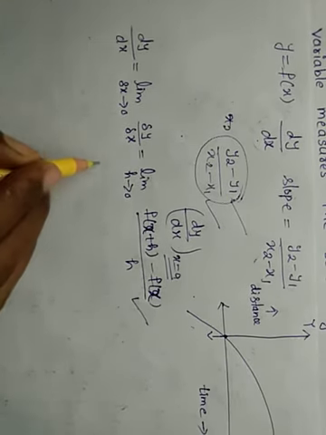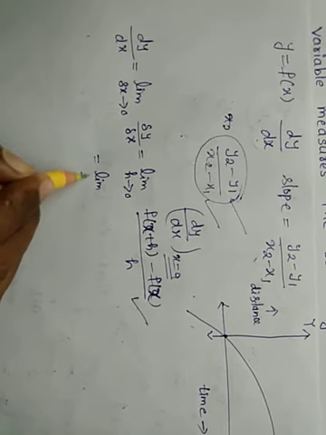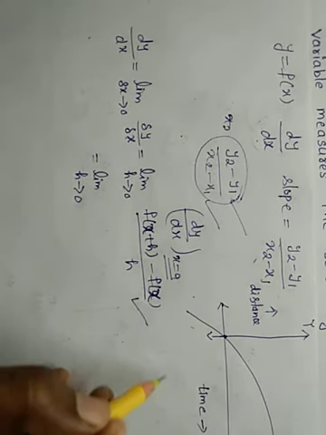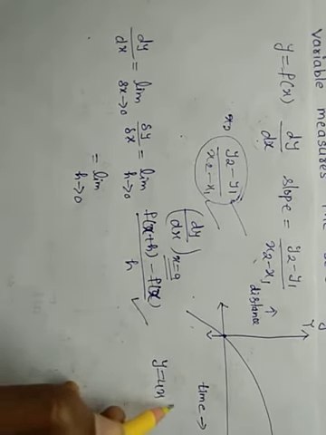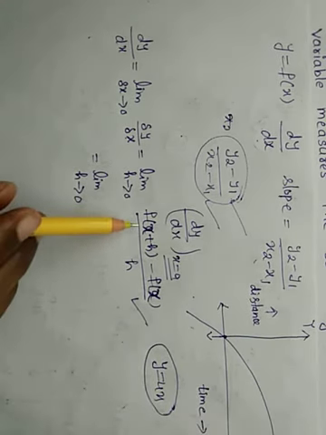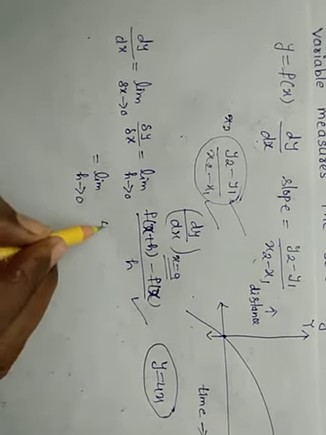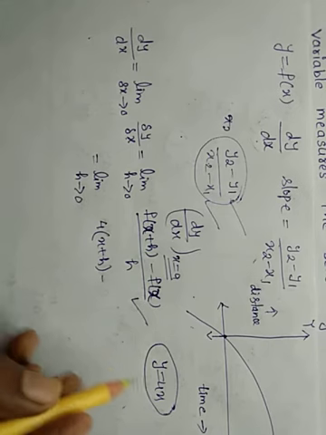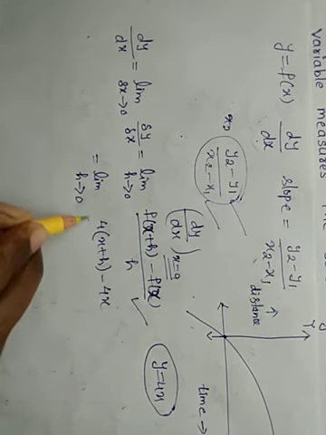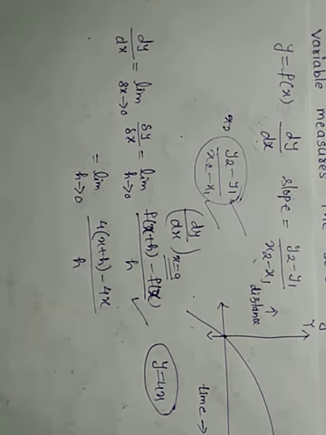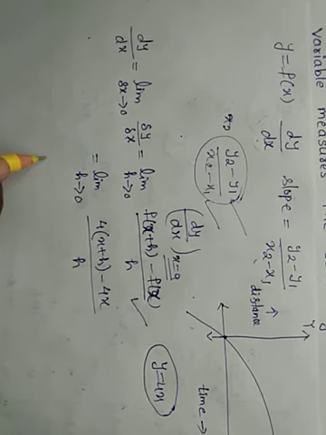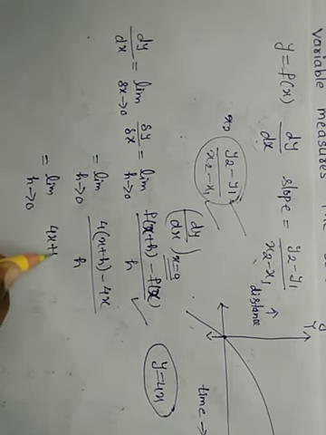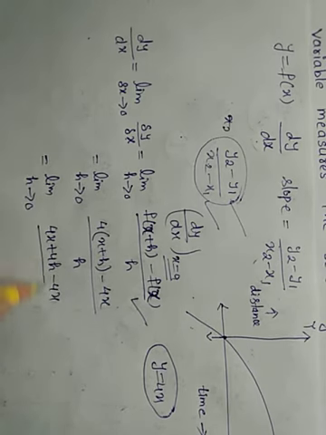Now, let us find out dy by dx using this formula. See, what we will do: limit h tends to 0. What is f of x plus h? For the first one, y equal to 4x, I am going to solve now. What is f of x plus h? It is 4 into, in place of x, we will write x plus h, minus f of x, that means 4x, divided by h. It equals limit h tends to 0, 4x plus 4h minus 4x upon h.